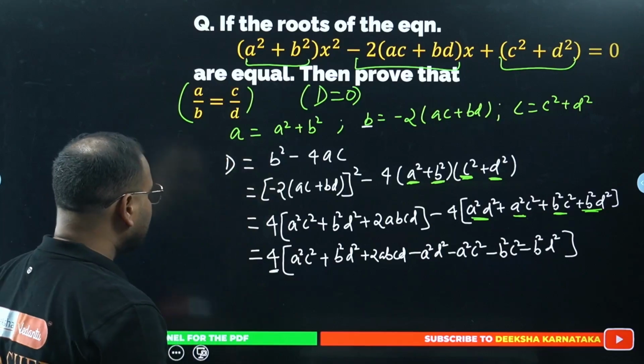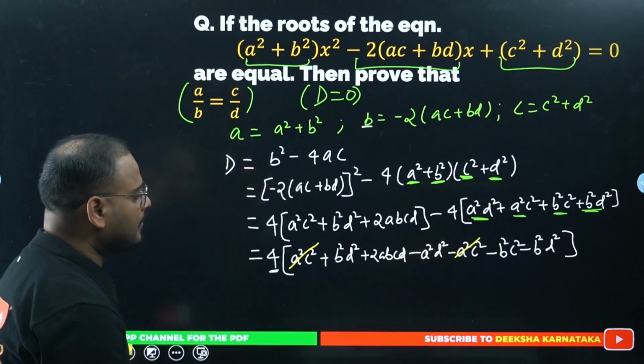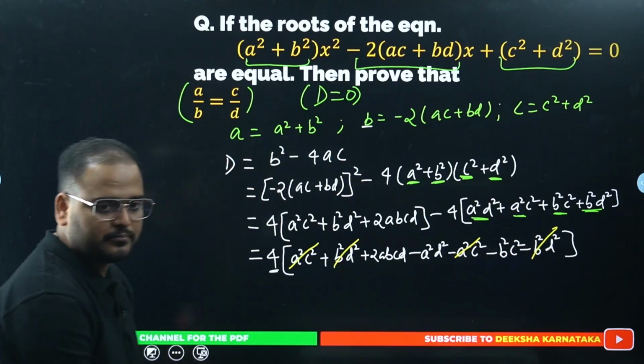Check. a square c square, a square c square. b square d square, b square d square. Okay.